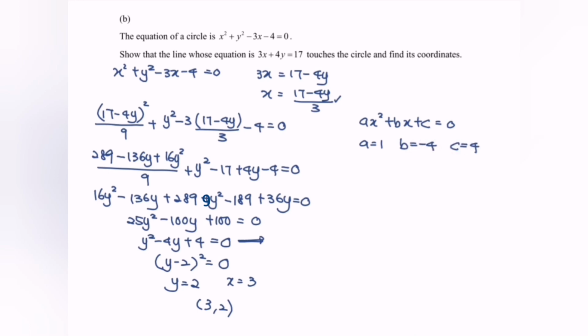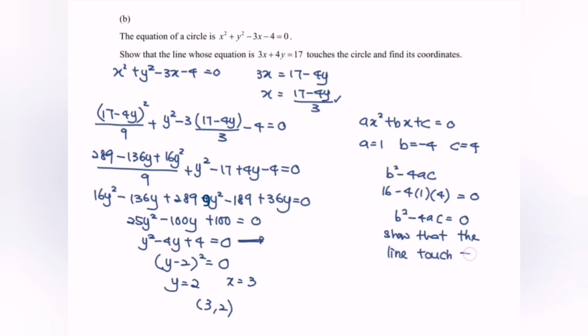Kindly substitute into the discriminant formula, b squared minus 4ac. So we have 16 minus 4 multiplied by 1 multiplied by 4, which equals 0. Since the discriminant b squared minus 4ac is equal to 0, it shows that the straight line touched the circle.